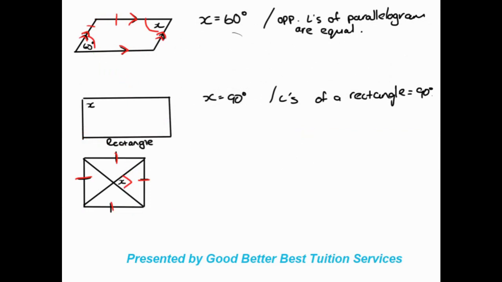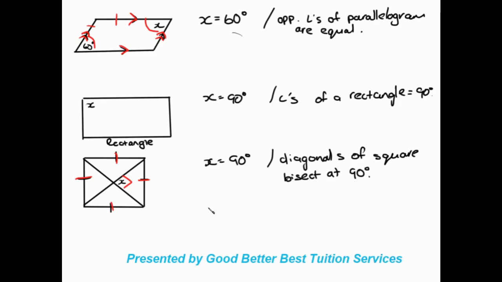So where these diagonals bisect, they form a 90-degree angle, so you can say x is equal to 90 degrees. So we say diagonals of a square bisect at 90 degrees. Cool.